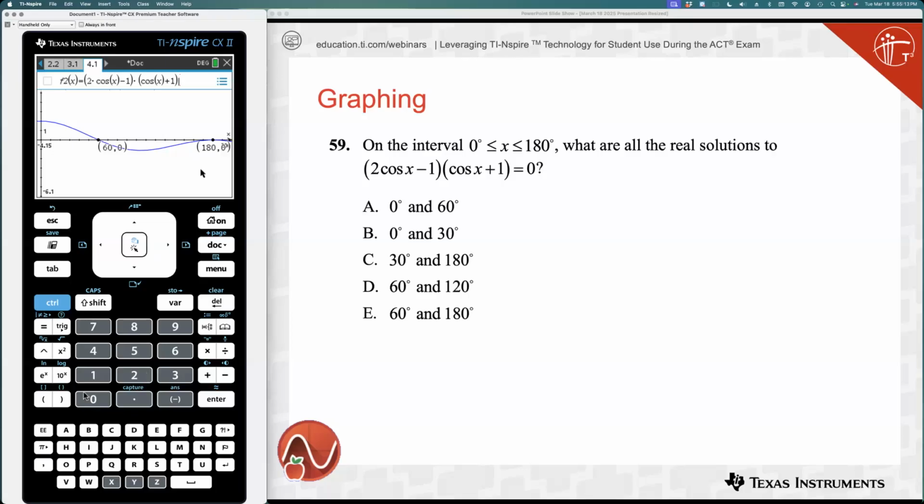So I can actually say from 0, control equals, less than or equal to x, control equals, less than or equal to 180. And it might be a little bit harder to see right here, so I'm going to exaggerate this a little bit more.